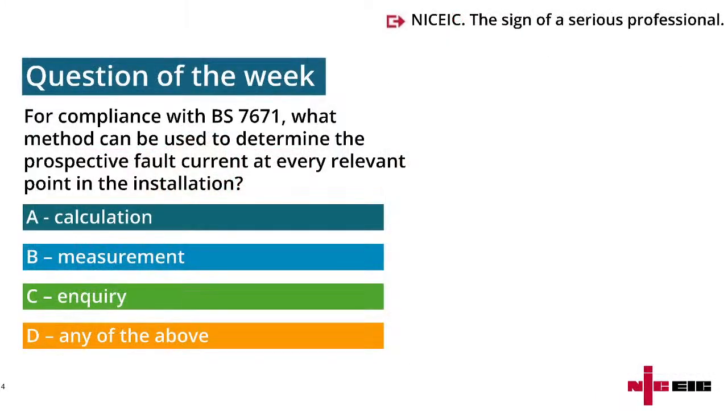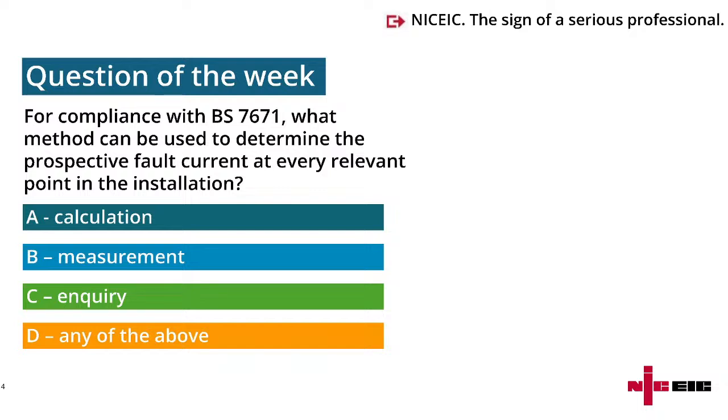So without any further ado, the question of the week that we posted out earlier this week, as per usual, was a multiple choice question, and it was really prompted by something that happened last week where we got asked.